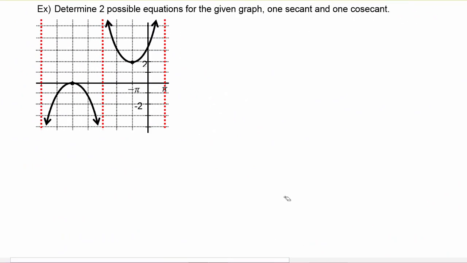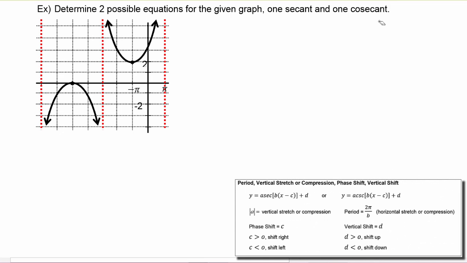In this example, we have to determine two possible equations for the given graph, one secant and one cosecant. So we'll start by writing down the standard forms for the function equations, and this time maybe we'll start by doing the cosecant first.